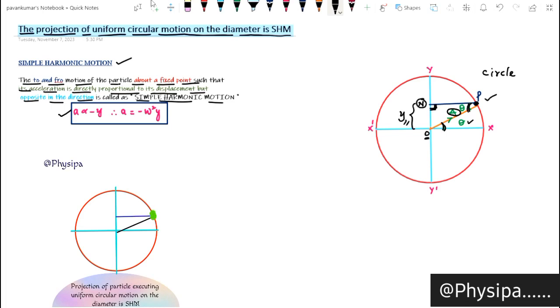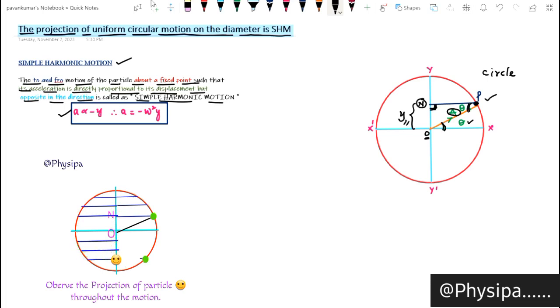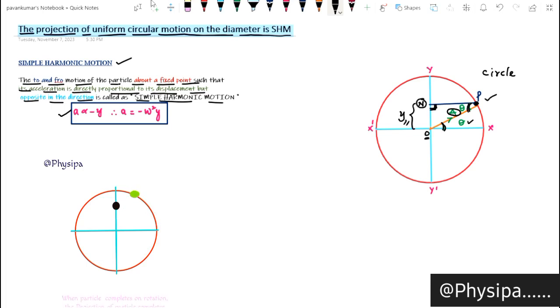In this video, we have taken the projection of the particle along the circle at different points, and we have to observe how the point of projection moves when the particle completes one rotation. It is clear that it moves to and fro about the origin along the diameter.